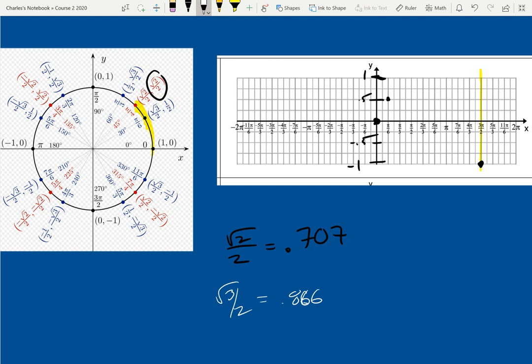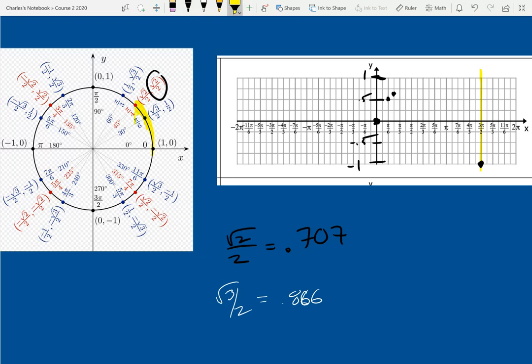And there are lots of times when it's easier to use decimals than fractions. So at pi over 4, it's going to be right here along this line, at 0.707. So I'm going to put it right there.